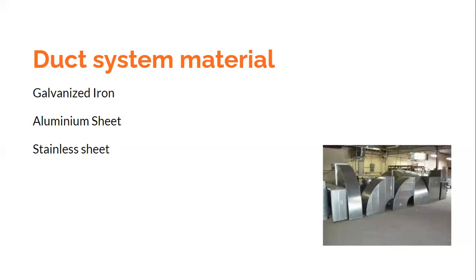Ducts used in air conditioning are generally of the rectangular low pressure category, and they generally use only simple joining methods. However, if you are using medium and high pressure ducts, then steel sheets are exclusively used. As I said, stainless steel sheets are used for strength and rigidity to withstand the higher static pressures, since the pressures are higher.